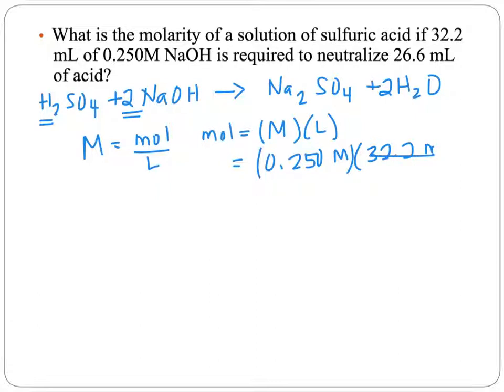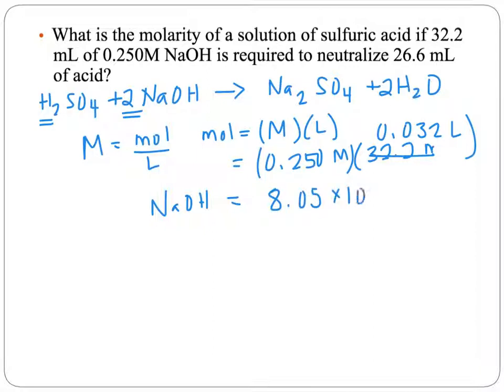So this would be 0.032 liters. And so molarity then is moles over liters. Things are going to cancel out. And so the number of moles of sodium hydroxide, because this is what we're calculating first, we do have the molarity and the volume for sodium hydroxide, but the amount is 8.05 times 10 to the negative 3 moles, putting that into nice scientific notation.